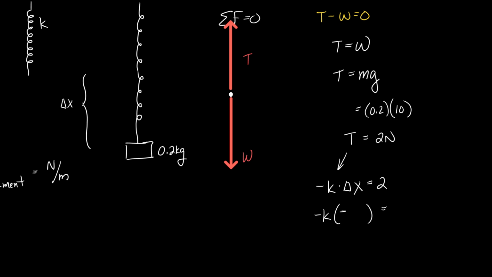And it's 9.5 centimeters, but we have to put that in meters because newtons are in meters. So 0.095. And that equals 2. So you should be able to figure out what k is.